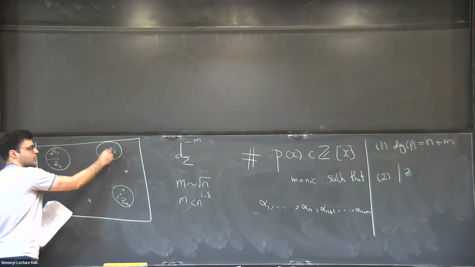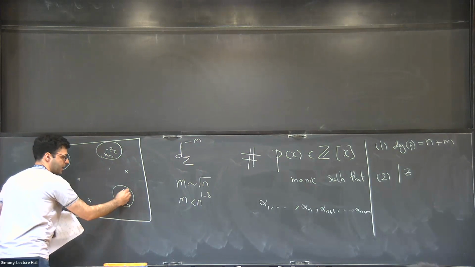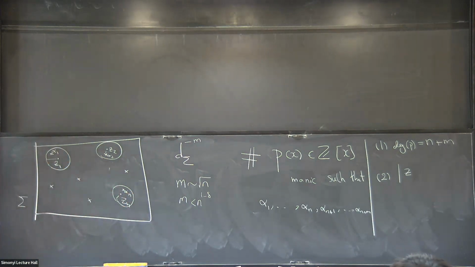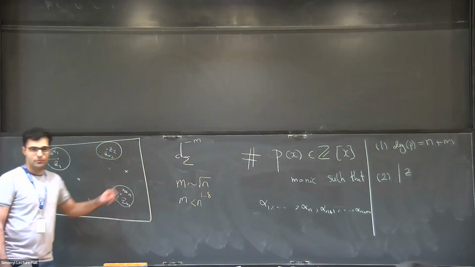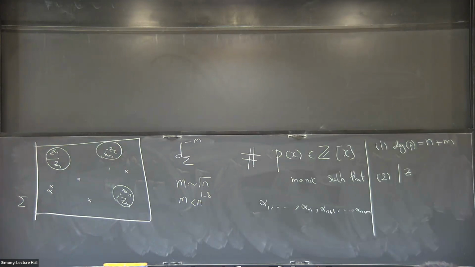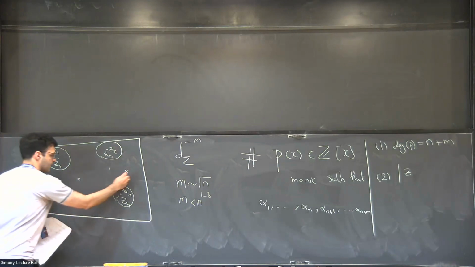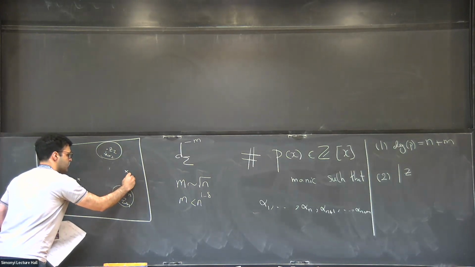Alpha 2 has to be close to z2, alpha n is close to zn. And then the rest can vary, but they're only square root of them, so they don't change the distribution of the roots. And in fact, they don't change the main counting.